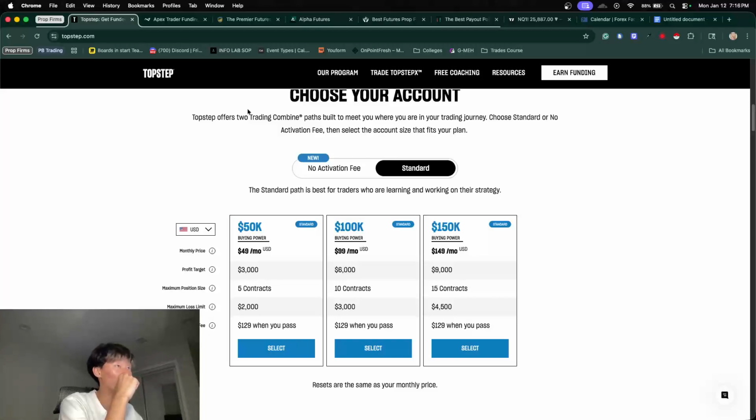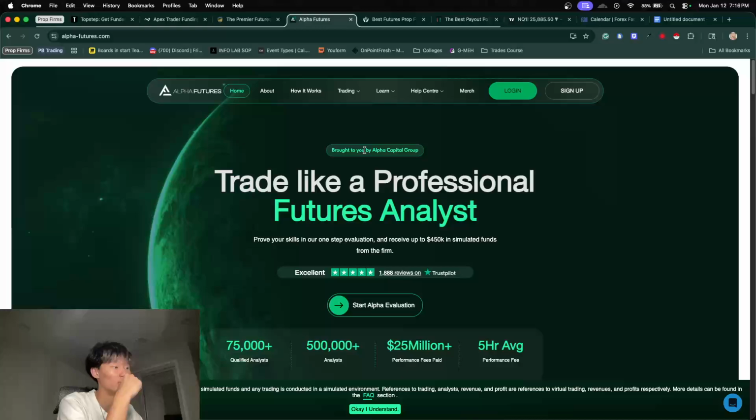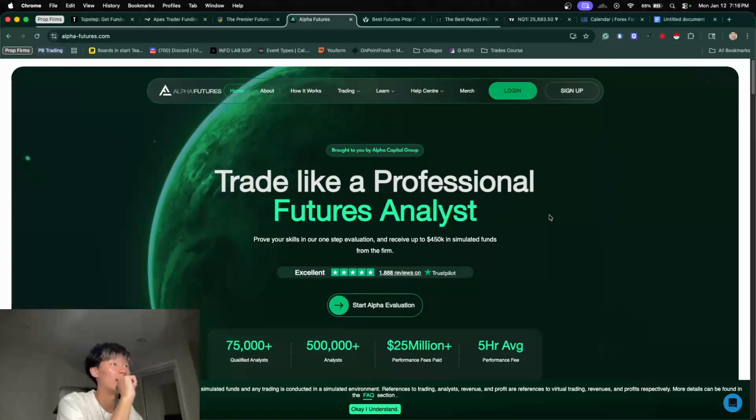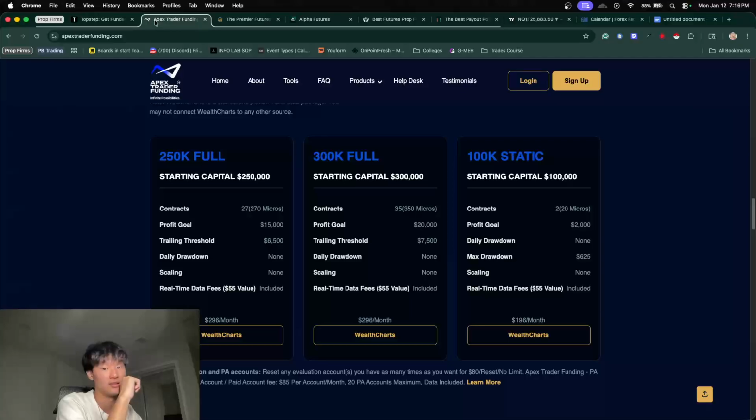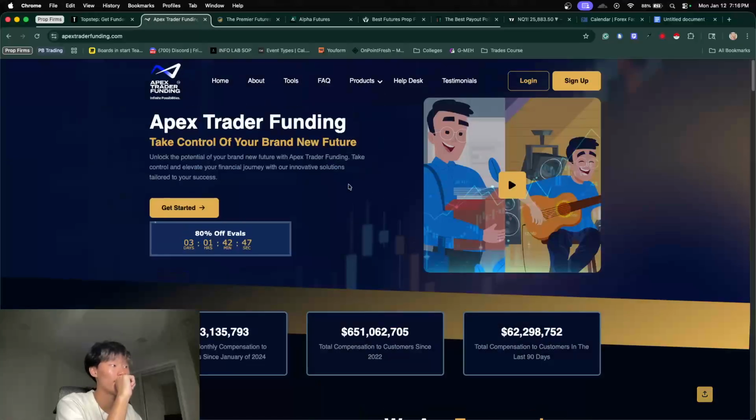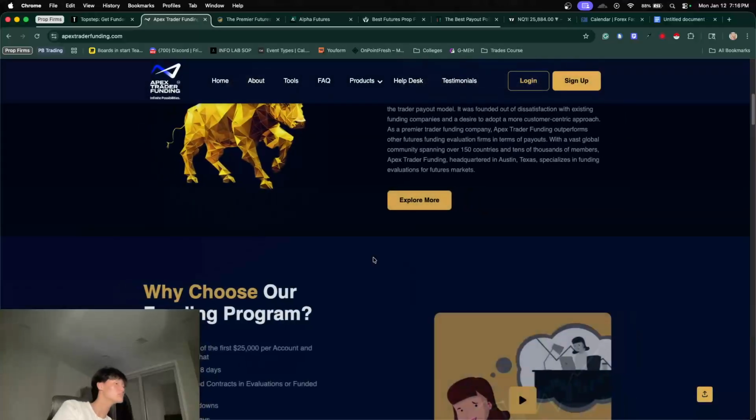As for pricing, I think Alpha Trader is the most expensive, and Apex is the least expensive because Apex often has these discounts, like 90% or 80% discounts. So you can get a 50K account for $20. That's pretty good.